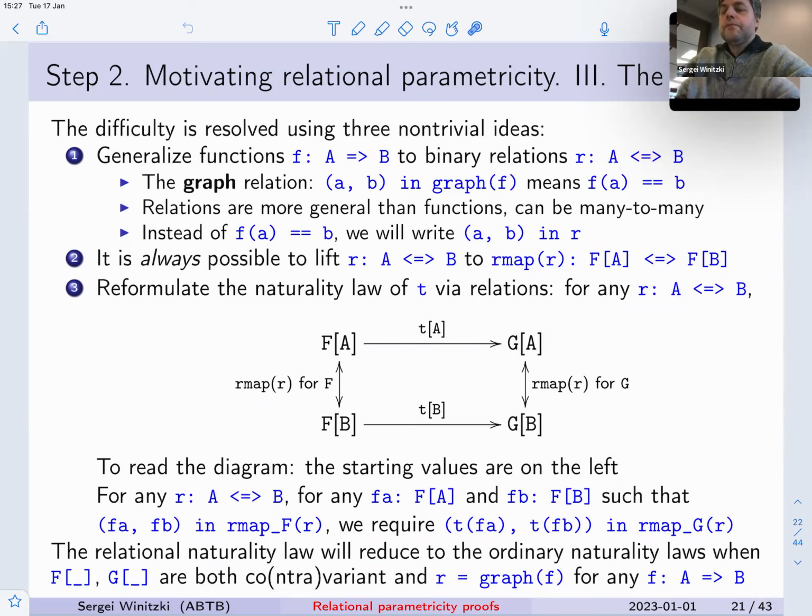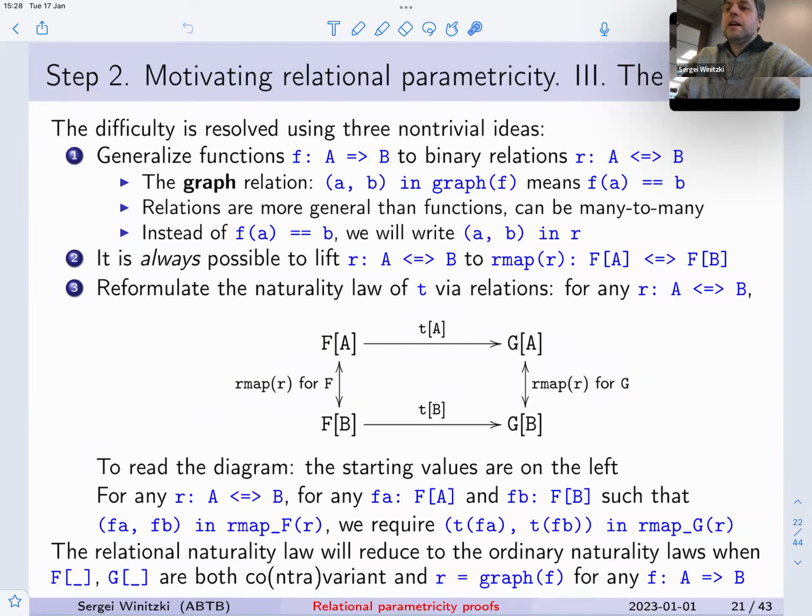So functions are a subset of possible relations because there's a graph relation, so-called, and the graph relation means f of A equals B. So A, B are in the graph relation if f of A equals B. So functions are many-to-one relations because many different values of A are related to a single value of B.